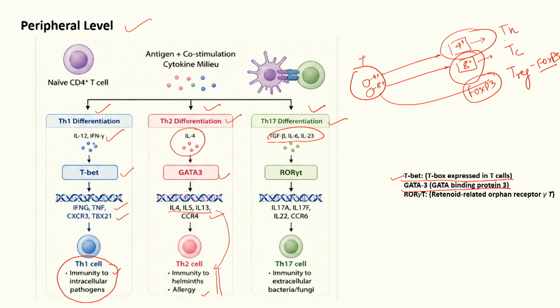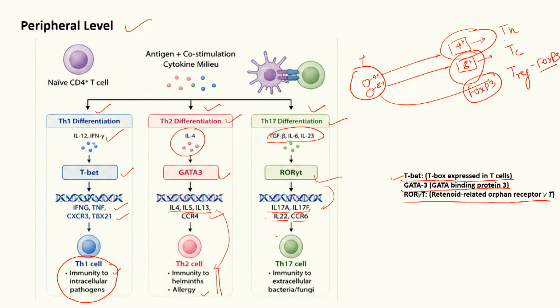TGF beta, IL-6 and IL-23 cause an expression of ROR gamma T, which stands for retinoid-related orphan receptor gamma T, which is a very unique transcription factor in Th17 differentiation. And the differentiated Th17 cell in the long term will express IL-17A, IL-17F, IL-22 and CCR6.